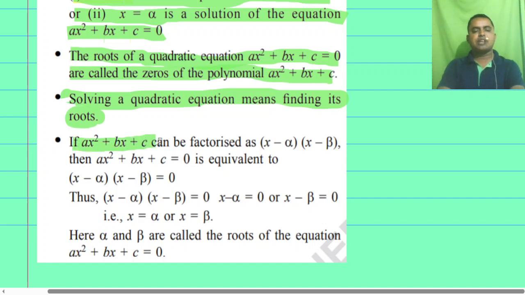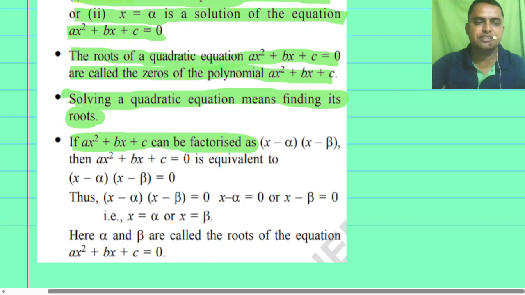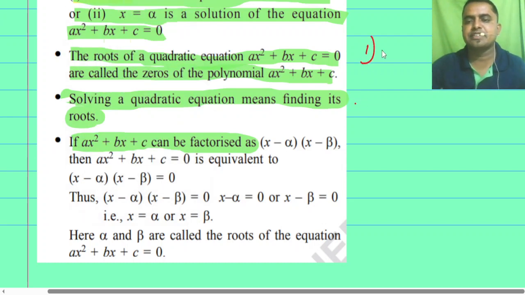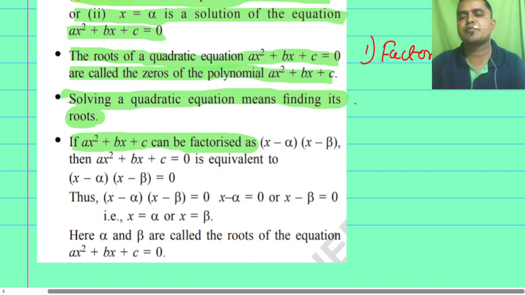If ax square plus bx plus c can be factorized, we will solve the quadratic equation by three methods. The first method of solving a quadratic equation is the factorization method. Second, the completing the square method.